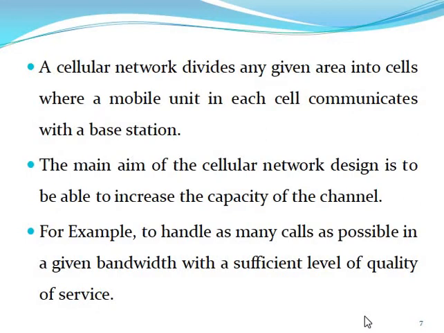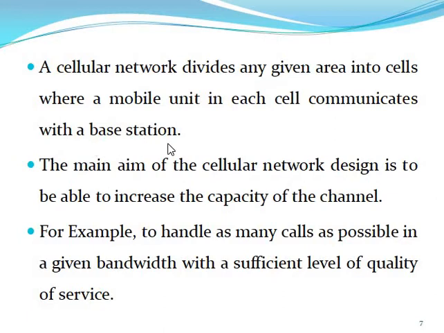A cellular network divides any given area into a number of cells, where the mobile unit in each cell communicates with the base station. So how do you establish a cellular network in a particular location and area? The area is divided into a number of cells, and each cell communicates with the mobile unit and with one base station.